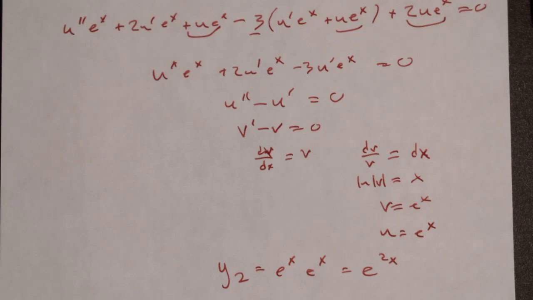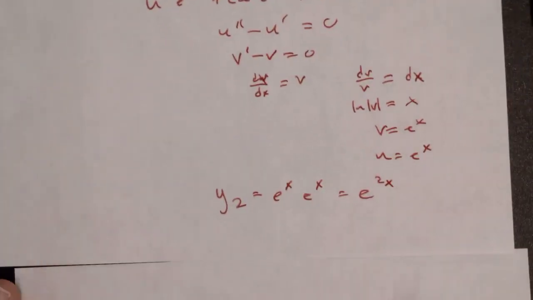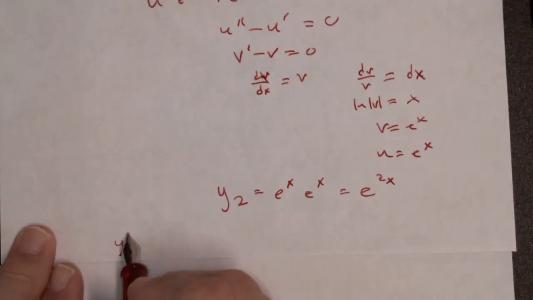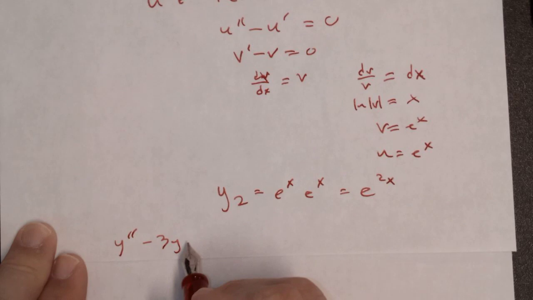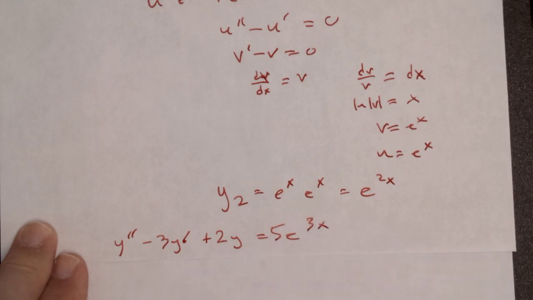So now I have to find the particular solution part, right? So I know that I want y double prime minus 3y prime plus 2y to be equal to 5e to the 3x.